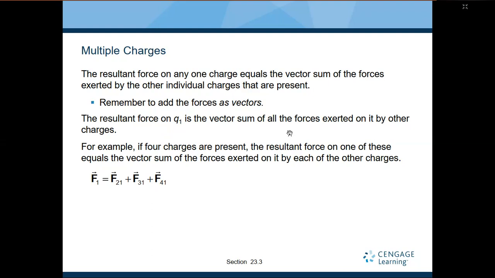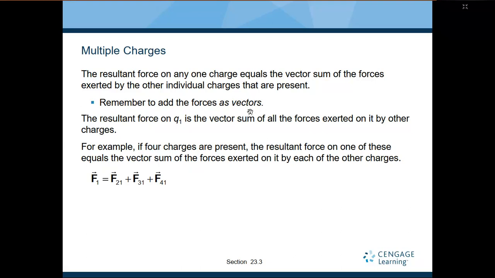You need to determine the interaction of that charge to one another charge, and to another charge, and to the other charges located near that specified charge.